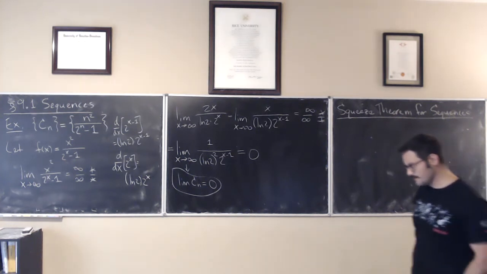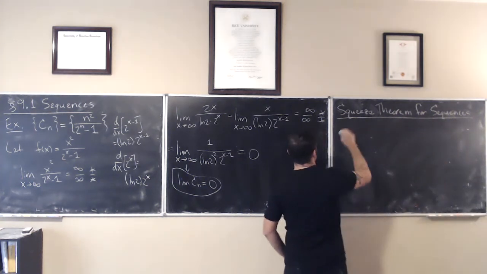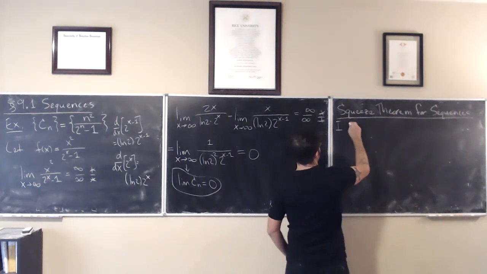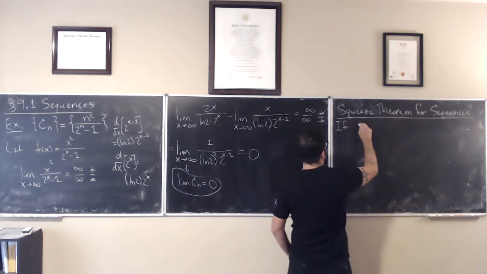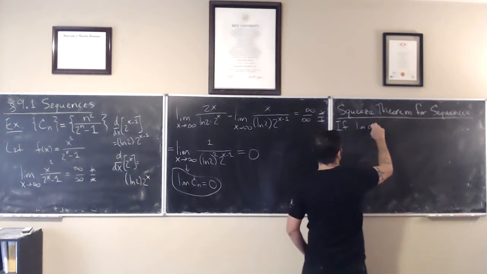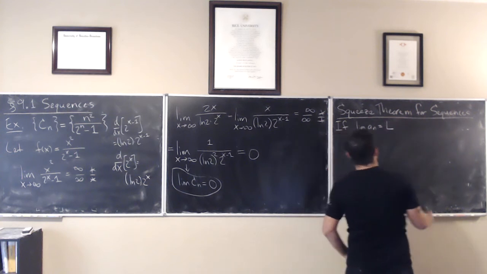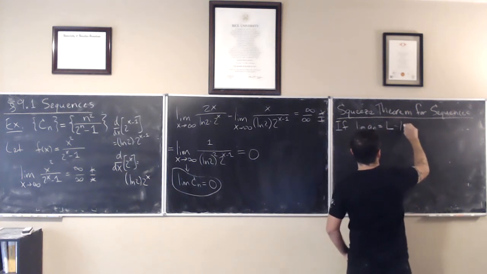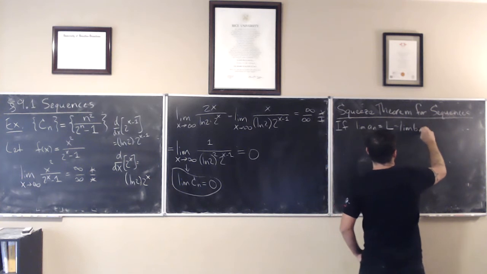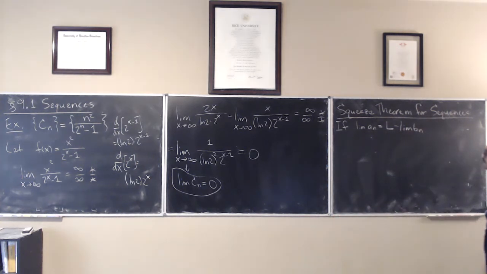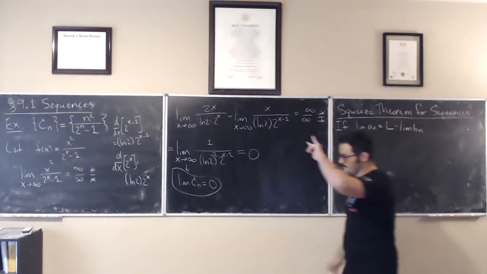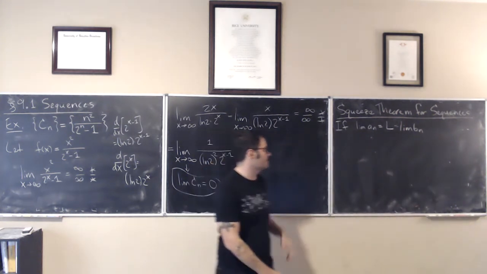Okay, so if the limit of an is equal to L, which is equal to the limit of bn. Okay, so suppose you have two sequences that both converge to the same limit L.